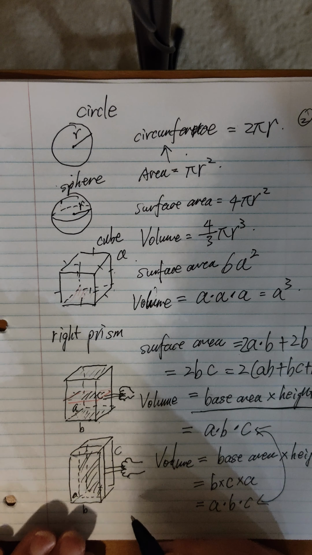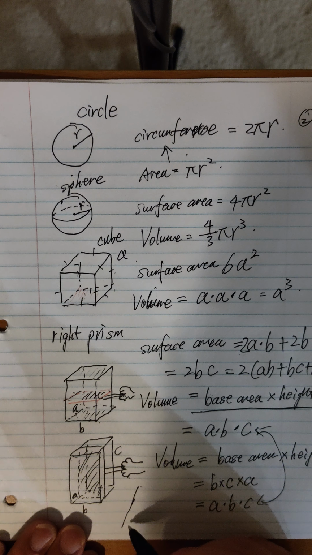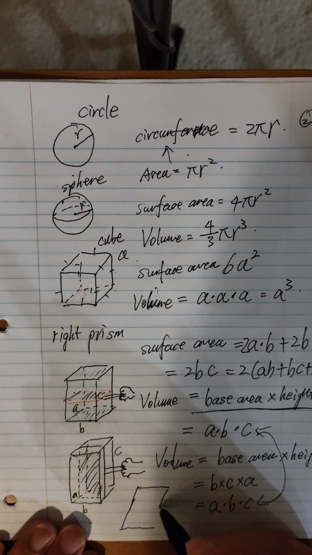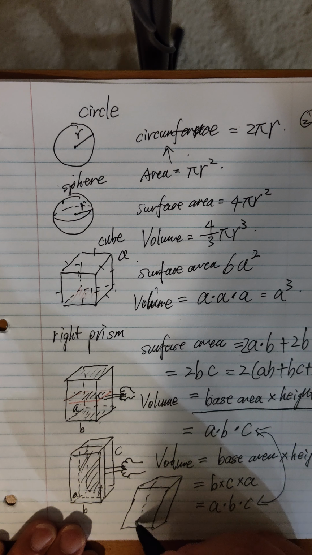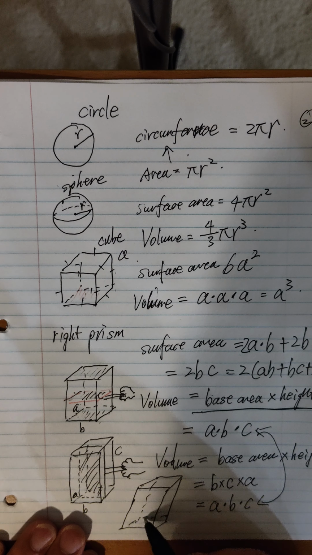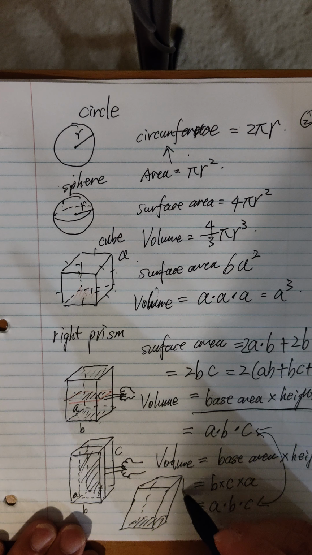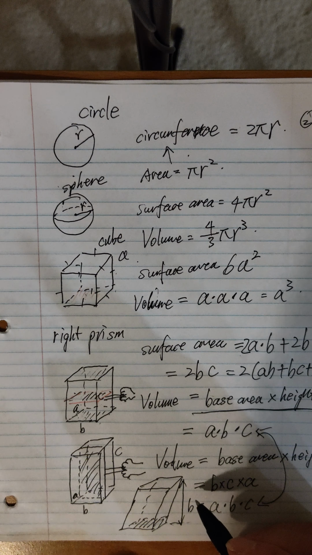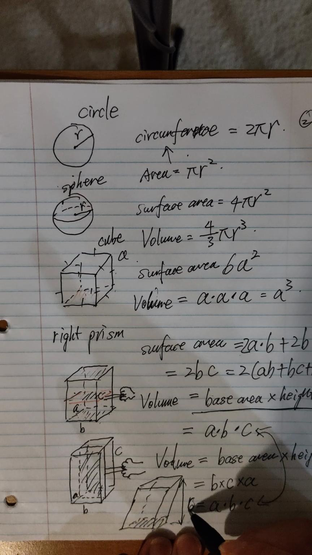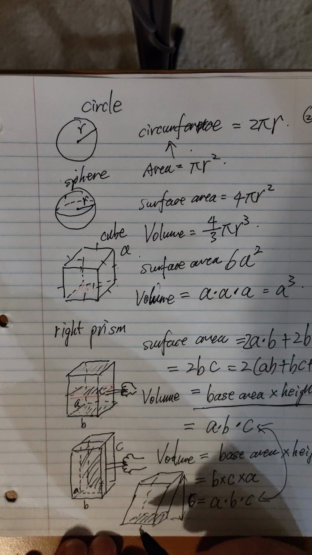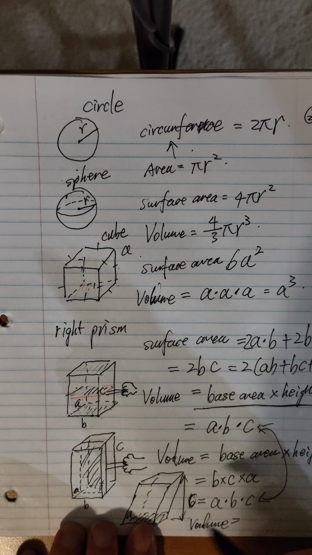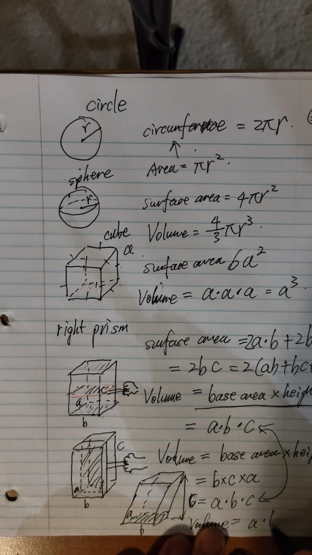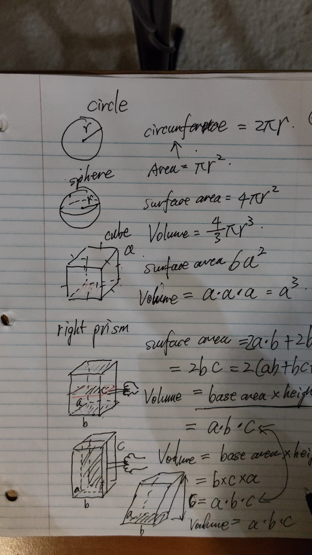If we push it, slant it like that, as long as the base area and the height are the same, the height is C, this is B, and this is A, then the whole volume of the tilted prism is still going to be A times B times C. That's very important.